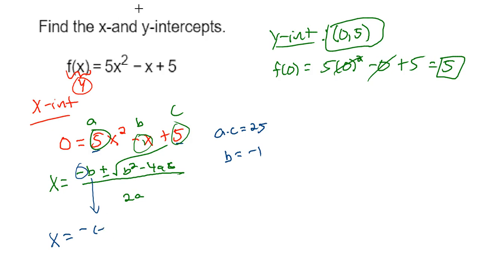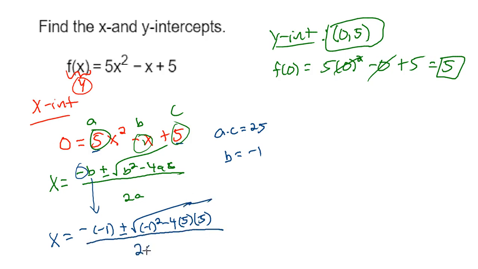Let's try that again. Negative 1 plus or minus the square root of negative 1 squared minus 4 times a, which is 5. Not 1 this time, it's 5. Times c, which is also 5. Over, the whole thing over 2 times a, which is 5. Sorry, I kind of wrote that funny, but we got there.